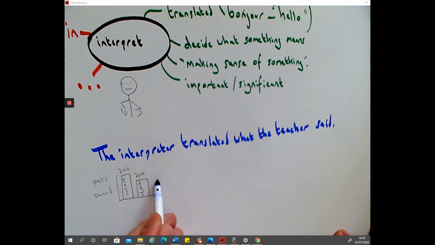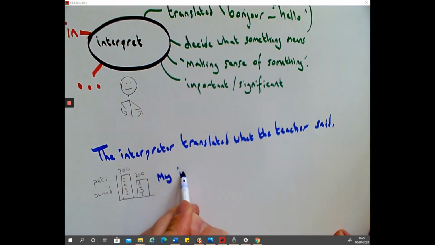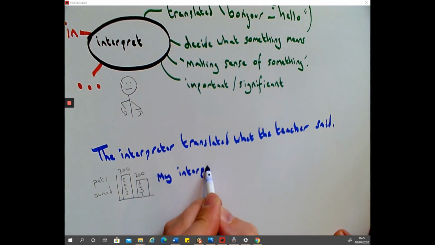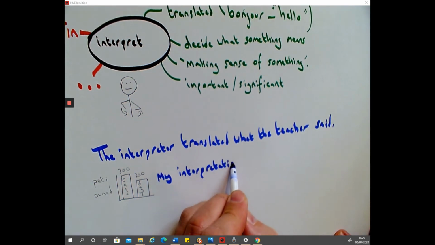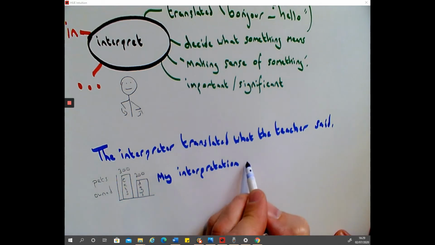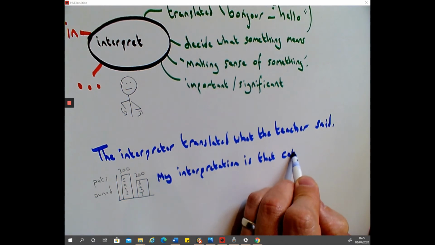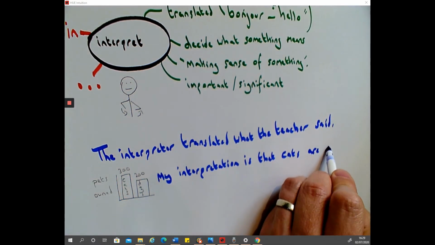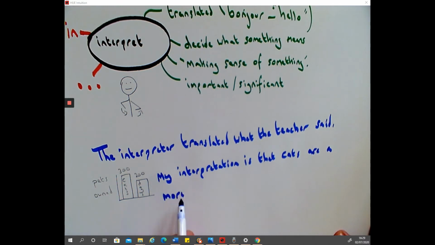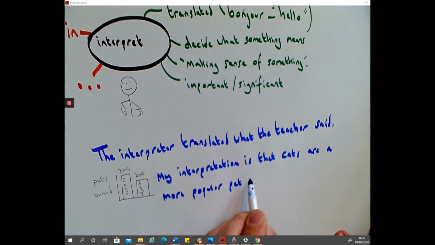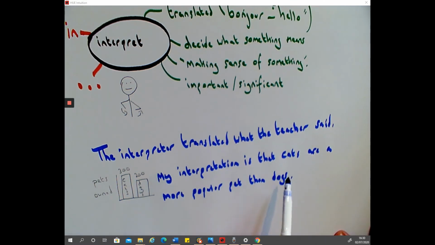You might explain that my interpretation of that, my understanding of that, is that cats are a more popular pet than dogs. Your interpretation of the graph is that cats are more popular as a pet than dogs.